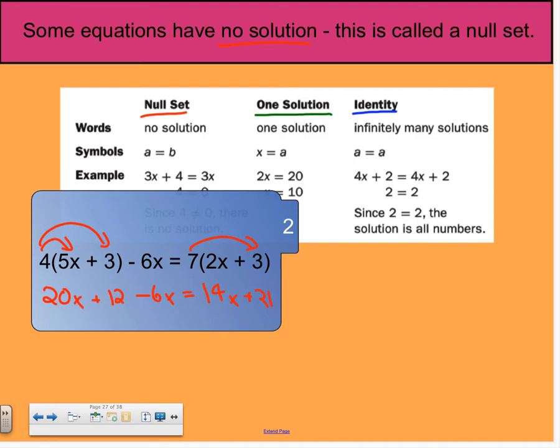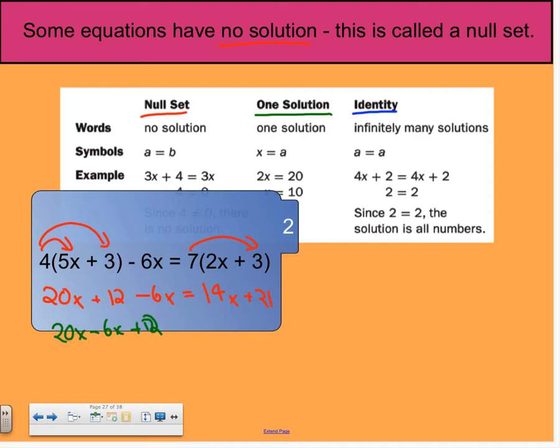One thing that you should notice is we've got an x in like 3 different places. We've got variables on both sides of the equation, but over here I have 20x and I'm trying to subtract 6x. Because they are the same kind of term, I can take care of those right away. If I rewrote this, 20x minus 6x plus 12, I can take care of this 6x right away.